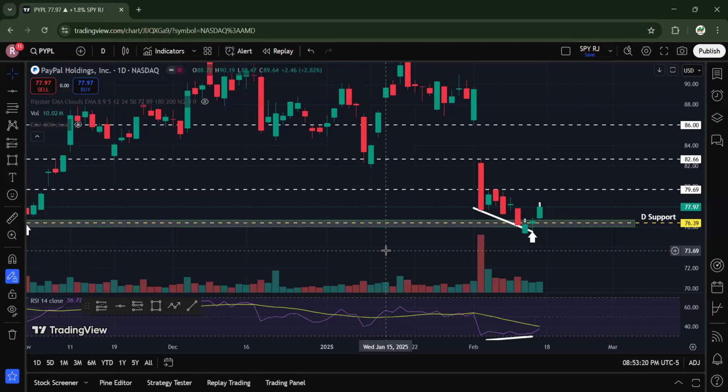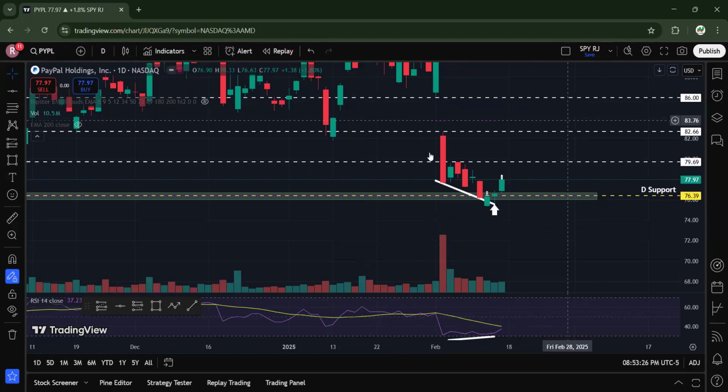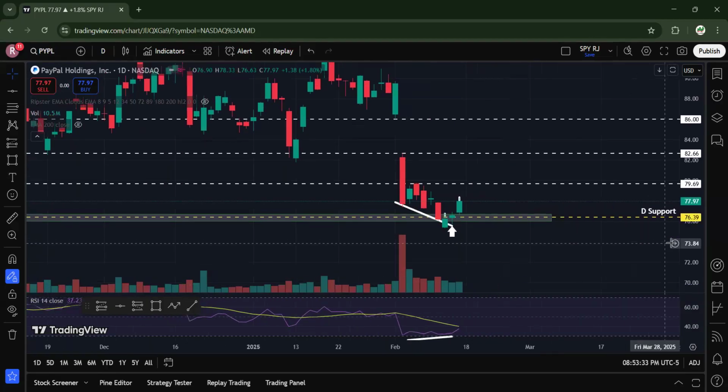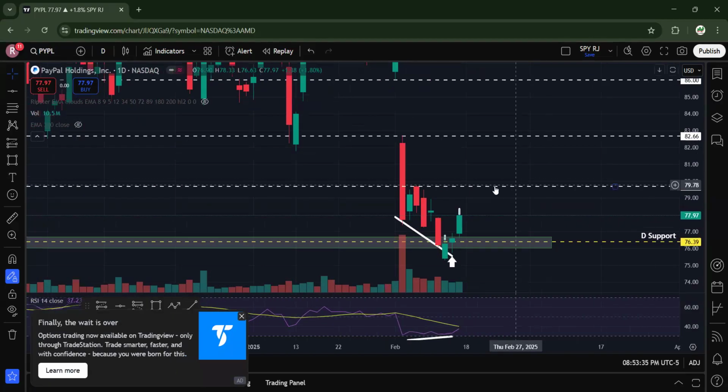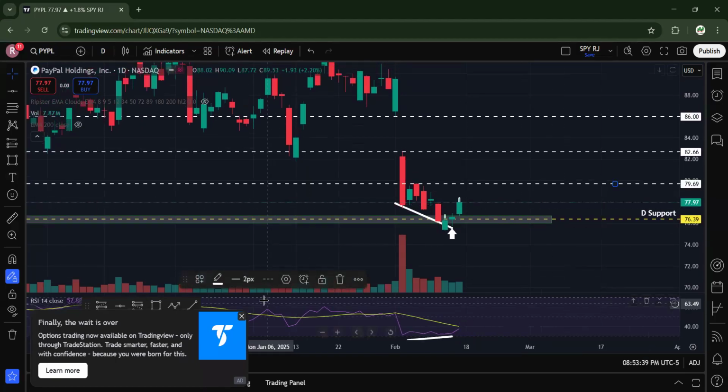It could take some time to play out, so really, the longer the contracts, the better. To be honest with you, I got March just expecting a bounce here, but the longer the contract, the better. So this would be my targets. I hope this kind of makes sense. So I'll go ahead and label that.